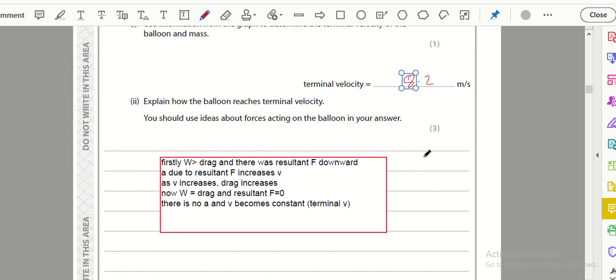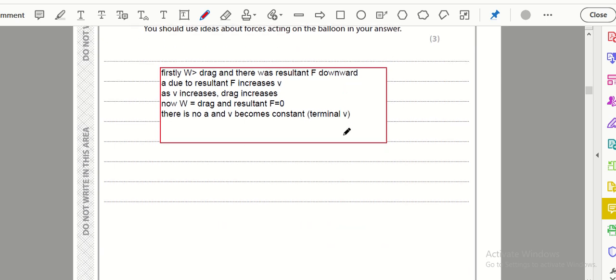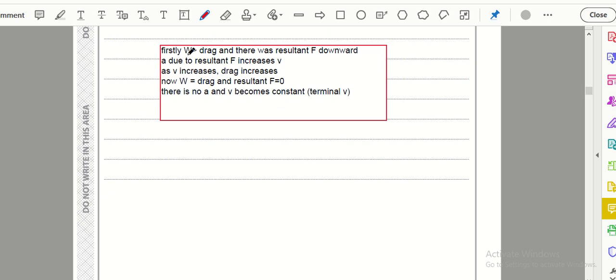Explain how the balloon reaches terminal velocity. You should use ideas about forces acting on the balloon. Firstly, weight is greater than drag force, and there is a resultant force downward.